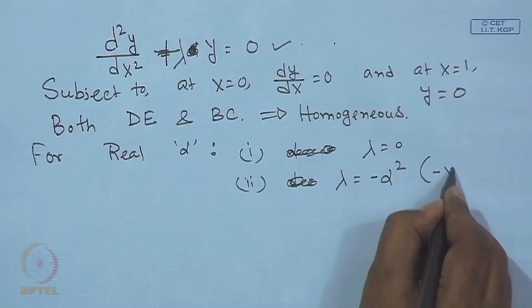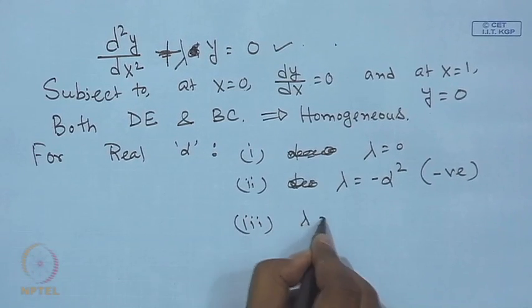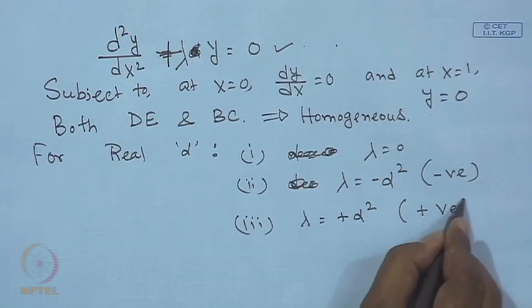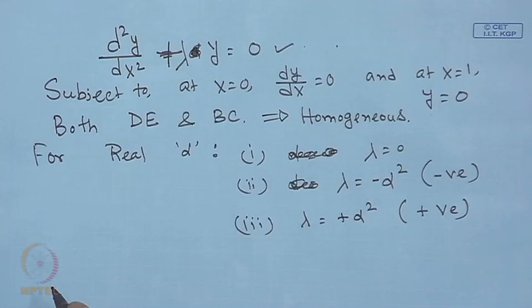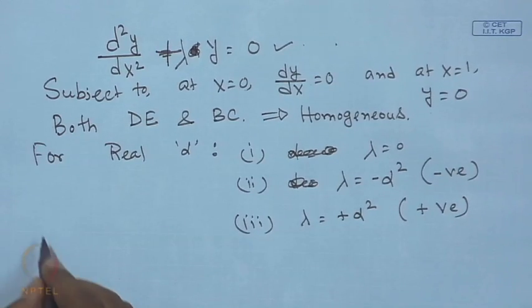And the third option is lambda is equal to plus alpha square, so it is positive. Now, we examine all these three cases one after another.